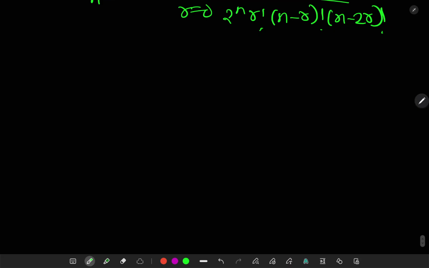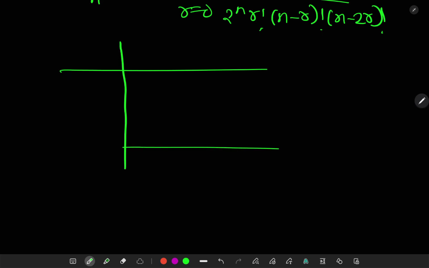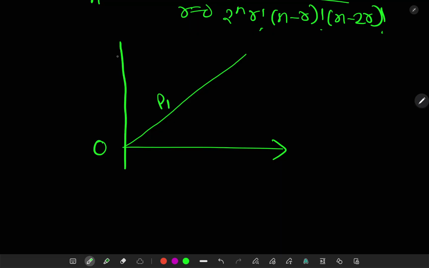Now let's plot these values on a graph. This is P1 and this is P naught.